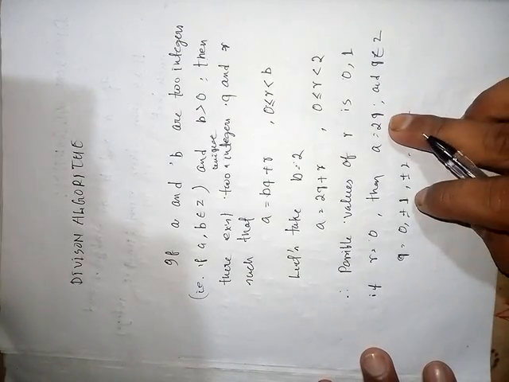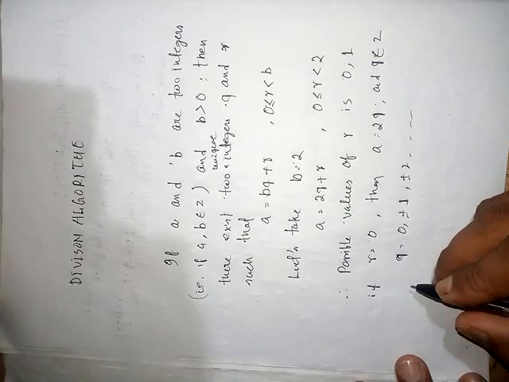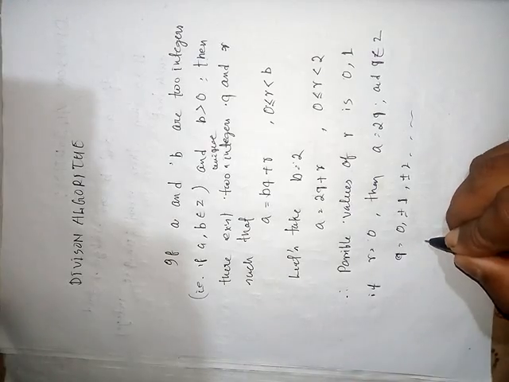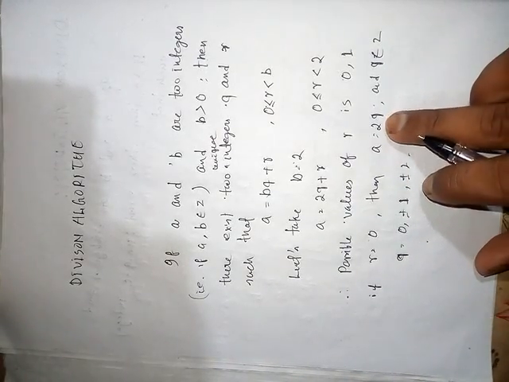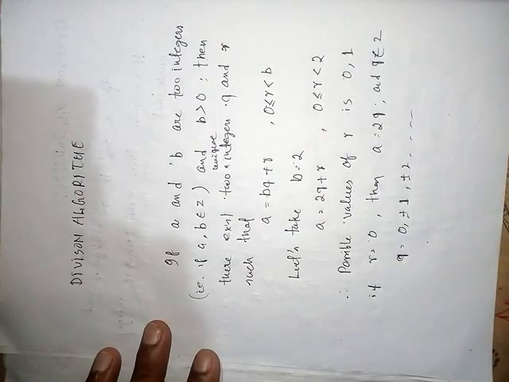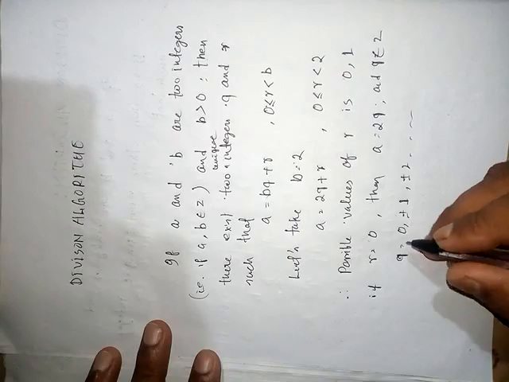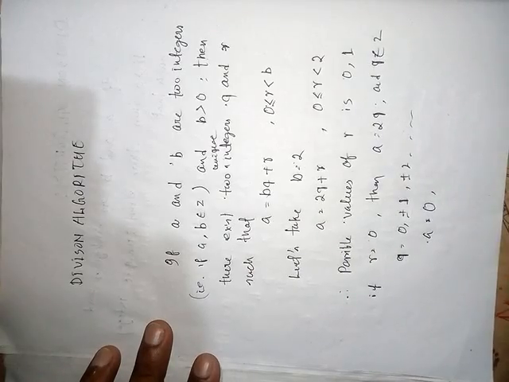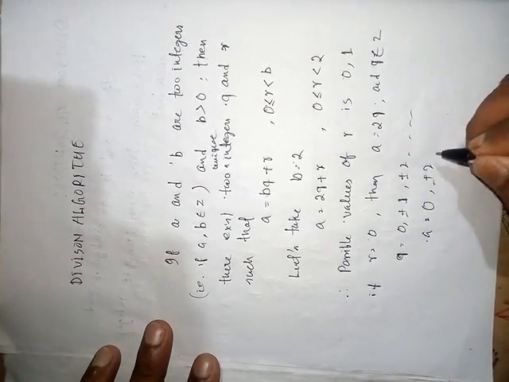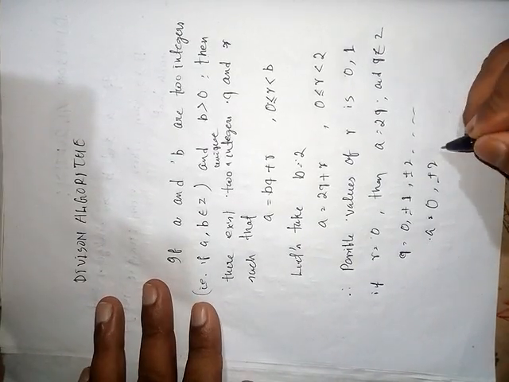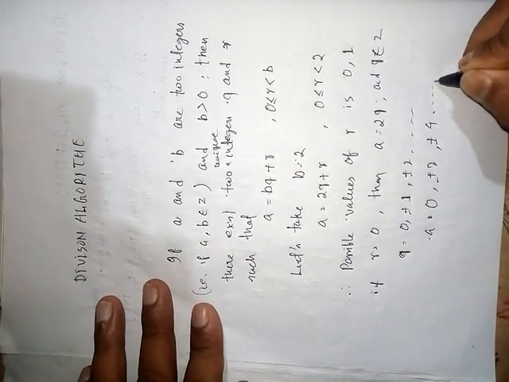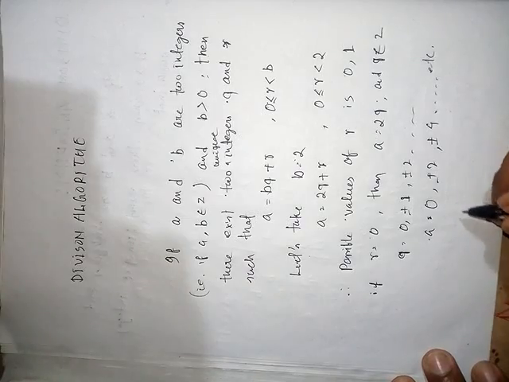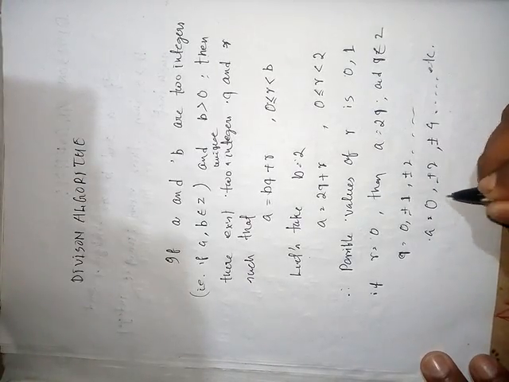If we put these values of q in a equals 2q, we get a equal to 0, plus or minus 2, plus or minus 4, and so on.